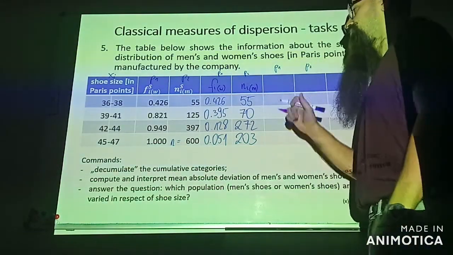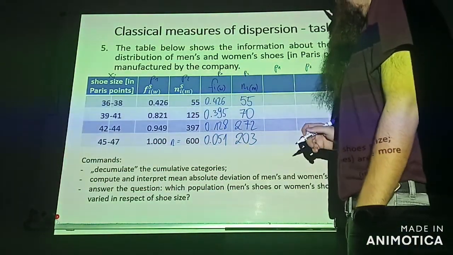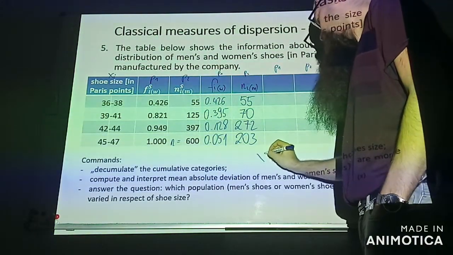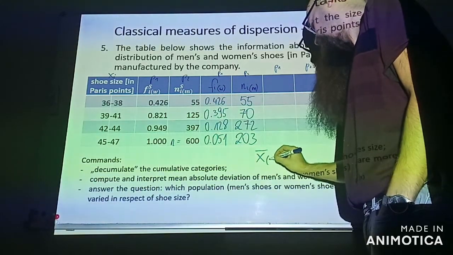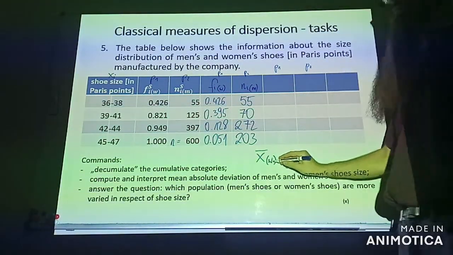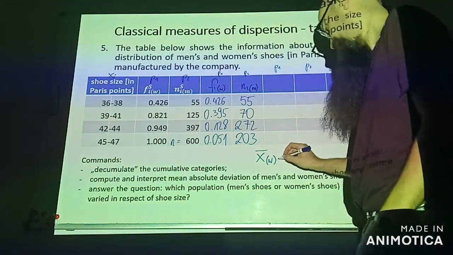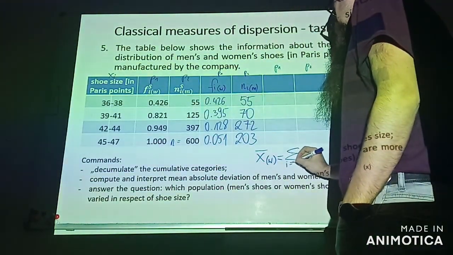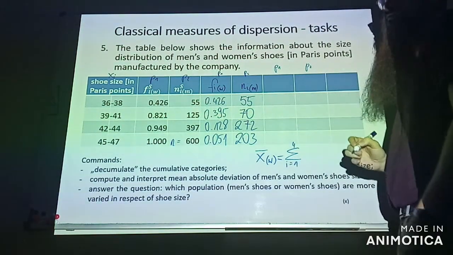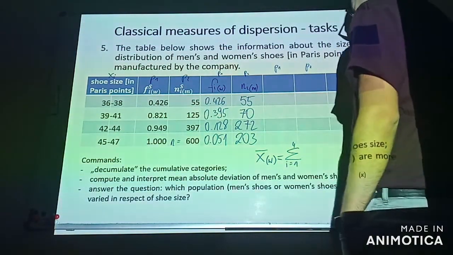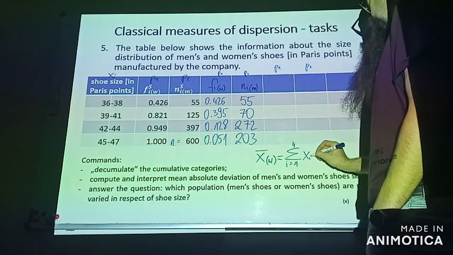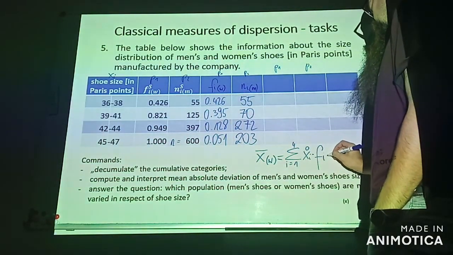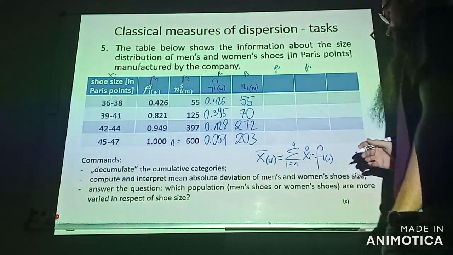In the first case, women's shoes, I know that X mean for women's shoes is equal to the sum from i equal 1 up to 4, because we are dealing with 4 classes, the middle of the classes multiplied by Fi with a W subscript.